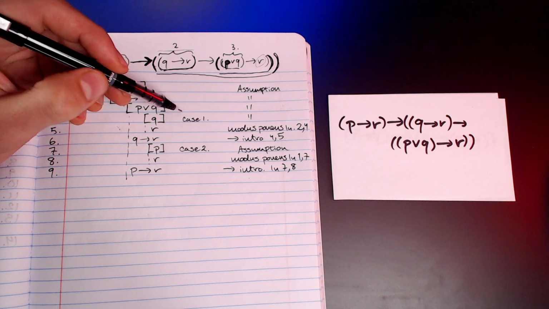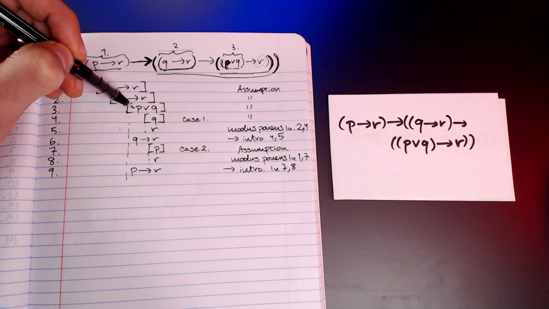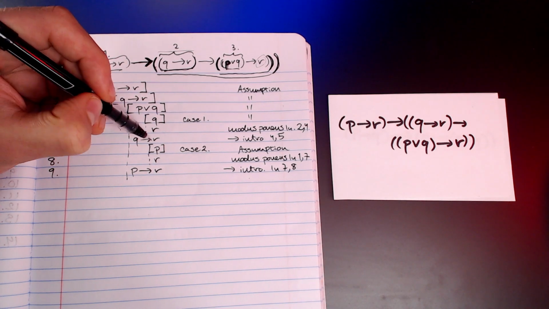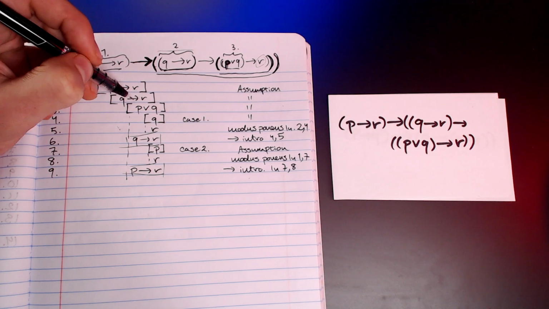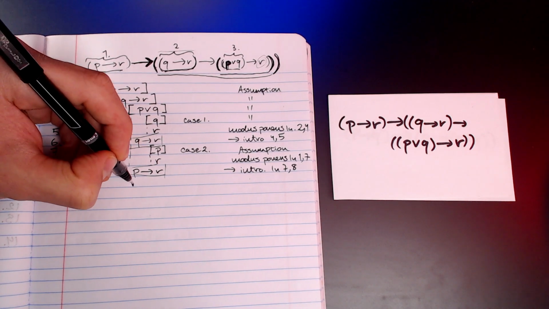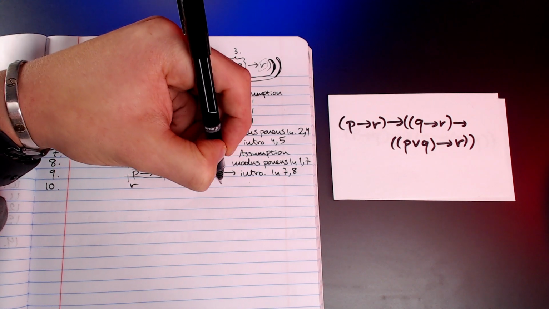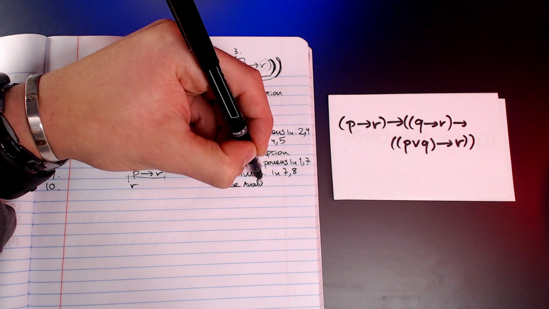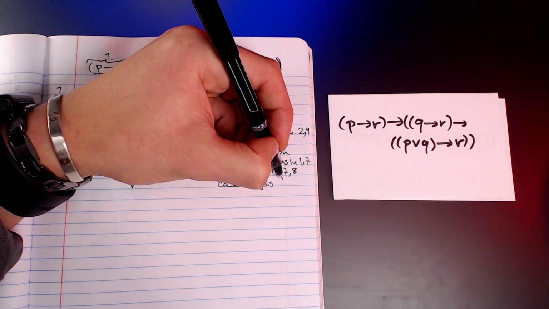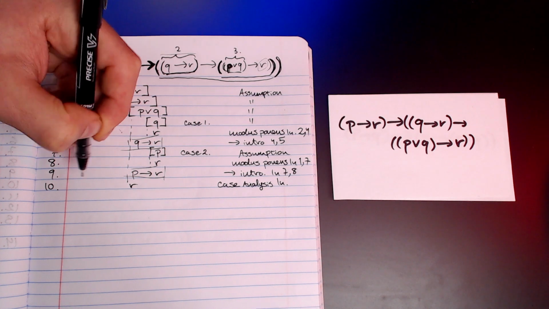So regardless of the case, whether Q was true or P was true, or if they're both true, we know that R is true regardless. So we can just write R here and say this is a case analysis, lines 6 and 9.